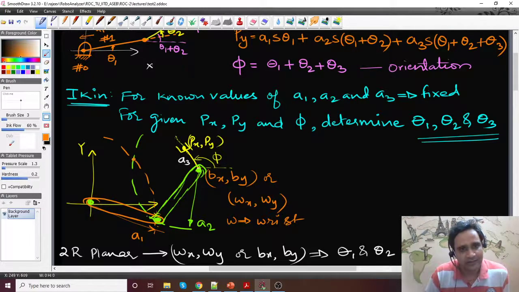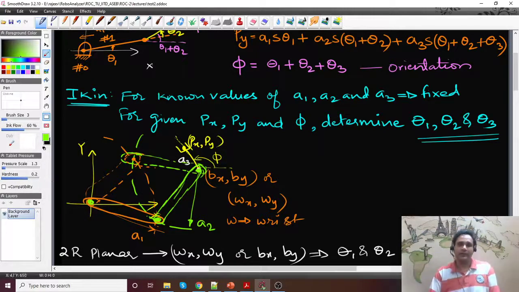Similarly, another solution, please remember inverse kinematics we can have multiple solutions for planar manipulator, serial manipulator. So another solution is the link, the orange link can be shown there, and the green link will appear like this. See the yellow link, the last link is still the same, the orientation is not changing.